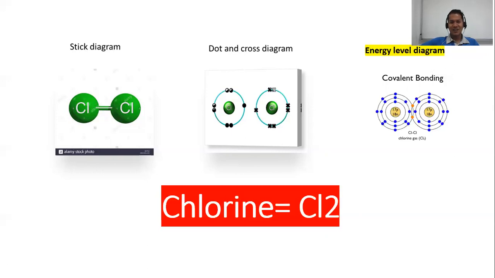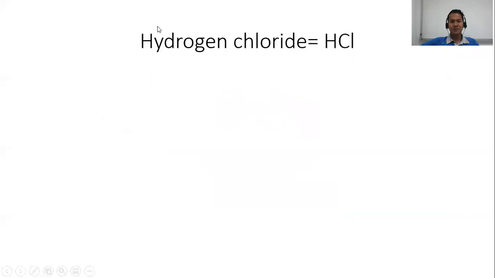Now, let's try another one. Let's try hydrogen chloride, or the chemical symbol HCl. Pause this video and then you will check your answer. Go ahead, pause. All right, let's check your answer. Hydrogen chloride.